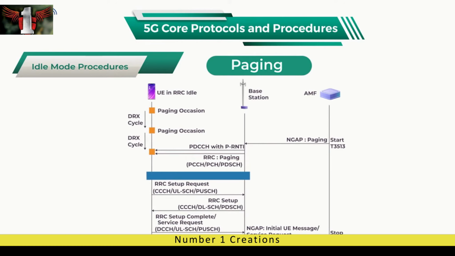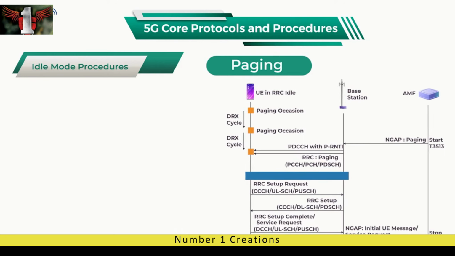Downlink control information DCI format 1_0 is always used when allocating PDSCH resources for a paging message. The UE determines its paging occasions using a combination of information broadcast in SIB1 and its allocated 5G S-TMSI.